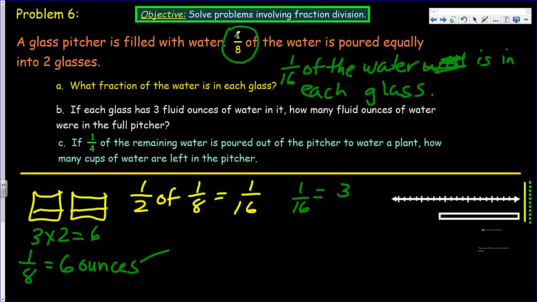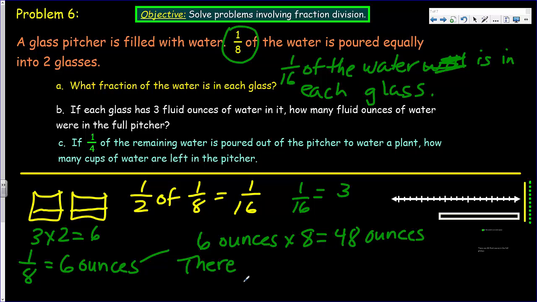Well, how many more eighths would we need to make that whole? We'd need 7 more eighths, right? So we could take the 6 ounces and multiply it by the number of units we have, which is 8. Now we end up with 48 ounces. So 6 ounces by the 8 units is 48 ounces. So we can say there are 48 fluid ounces in the full pitcher.